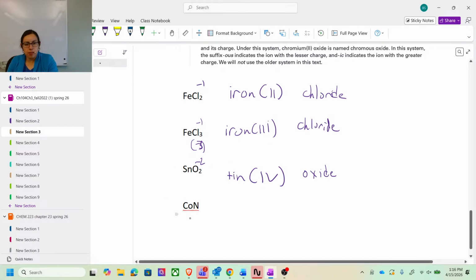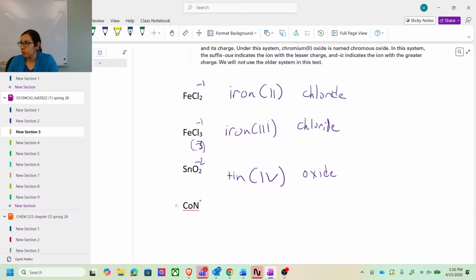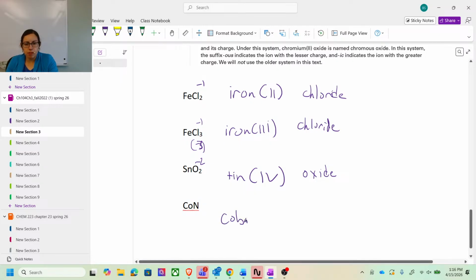And then what about this last one? Excellent. So cobalt 3 nitride. Oh, let me rewrite that R.